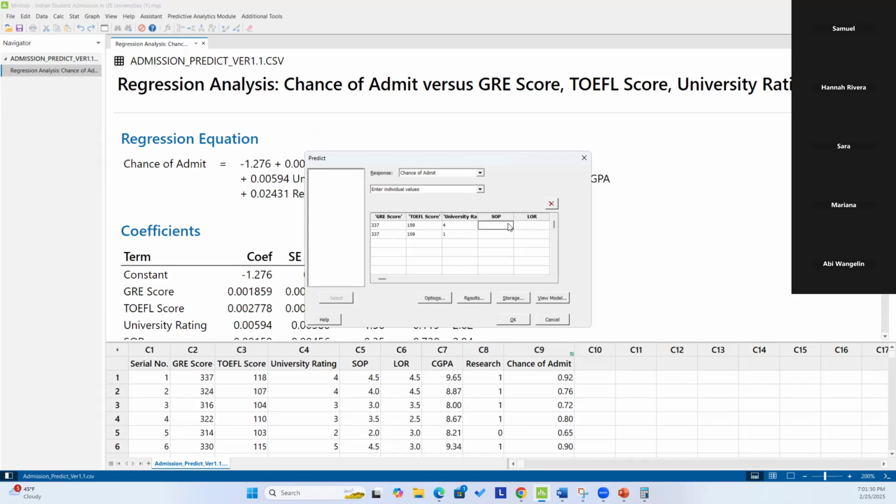Statement of purpose, one is 4.5, and here I'm taking 0, or 1, sorry. Letter of recommendation, exactly the same, 4.5, 4.5. GPA is 9, 9, and research, both have research. Let's see what is the impact on chance of admission.